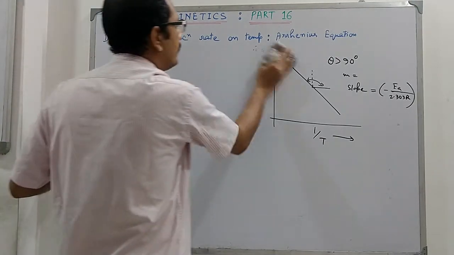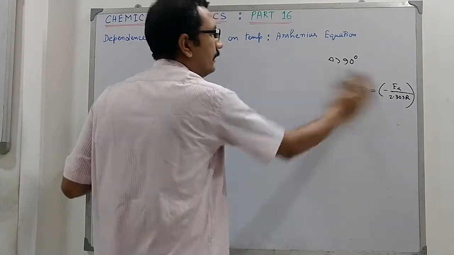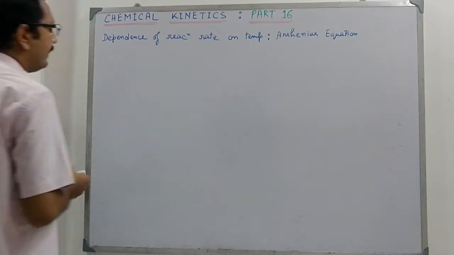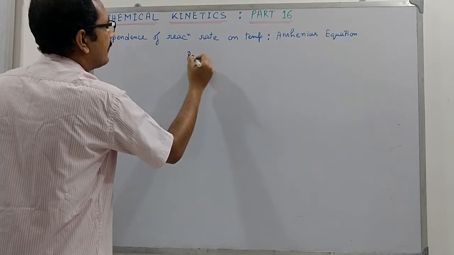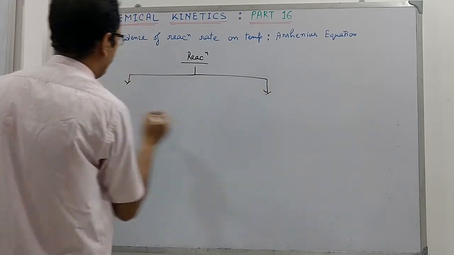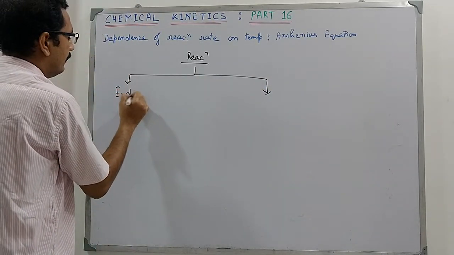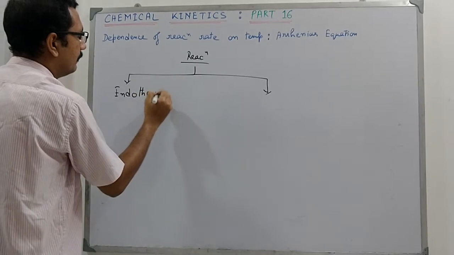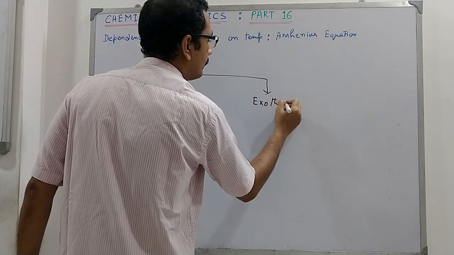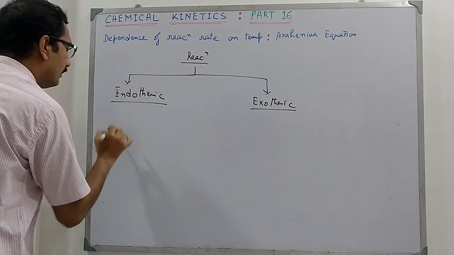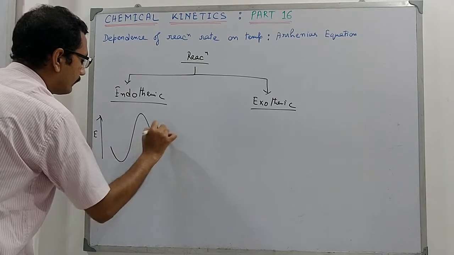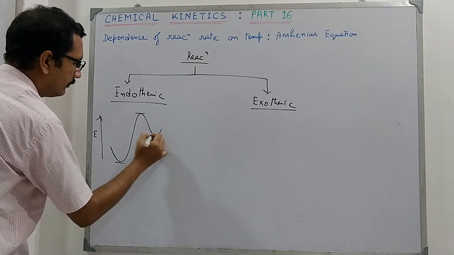Now what is the interpretation of this Arrhenius equation? Reactions can be broadly classified into two categories. One is endothermic reaction and another is exothermic reaction. Now the endothermic reaction will look like here.